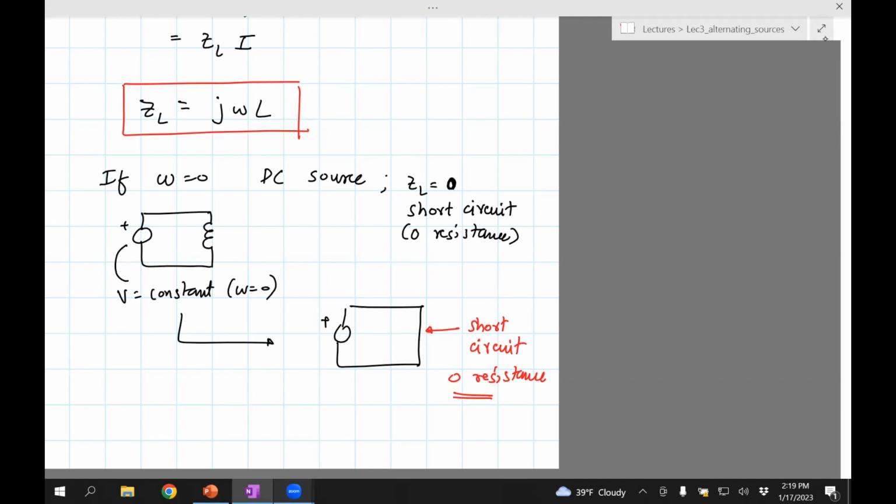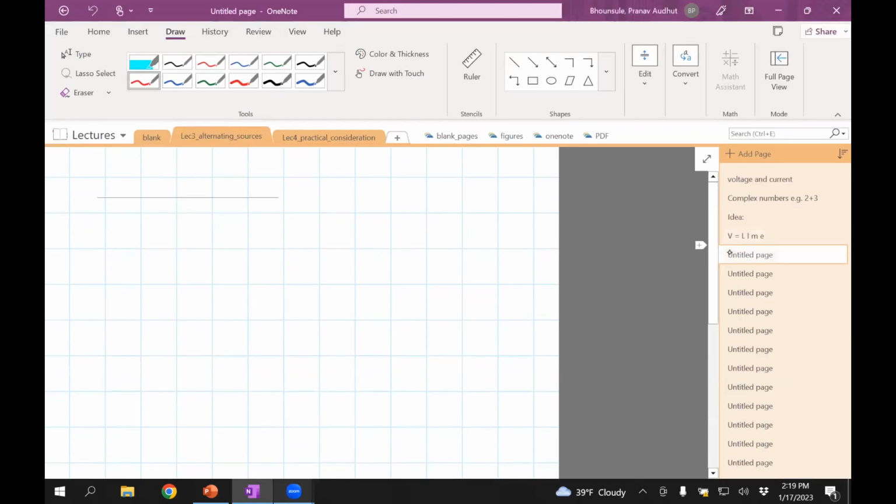Okay, now let's look at what happens to a capacitor. For a capacitor, we wrote down Q equals CV. Now we're trying to boil this down to ZC times I, where ZC is the impedance of a capacitor.